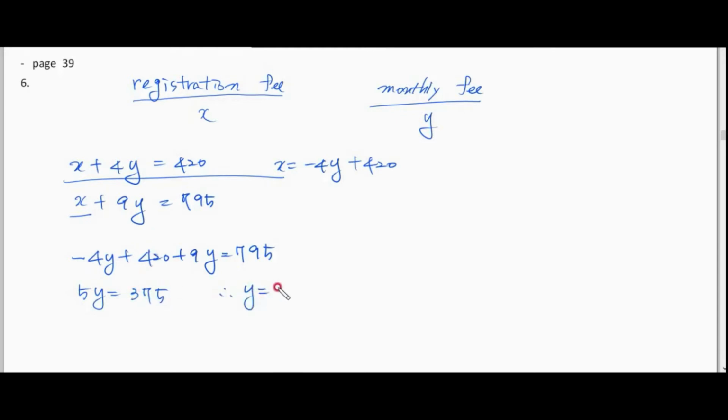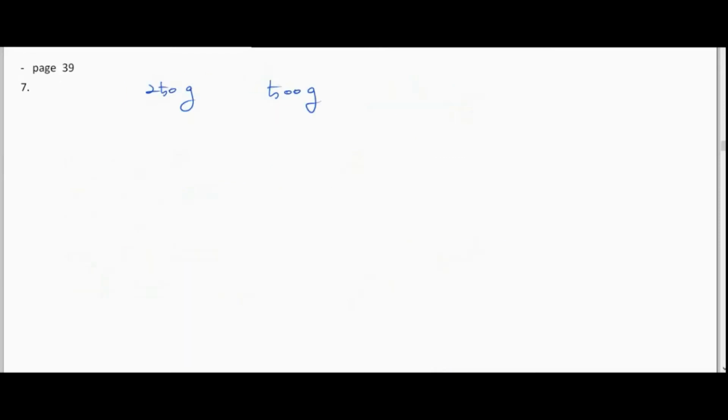Then y is 75. So this y, the monthly fee, is 75. Let's substitute into the first equation to find that x. This one, x plus 4y equals 420. Right here, 4 multiplied by y, that's 300. And x equals 120.